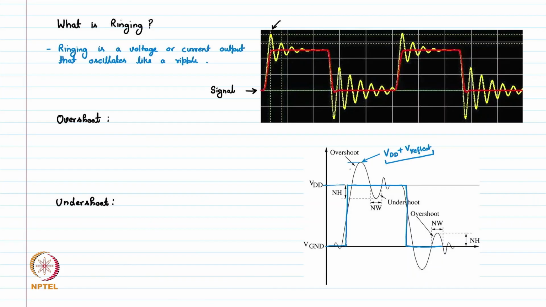This is called overshoot. And the same thing happens when this 0 volt or the ground level is mixed with V reflect, and V reflect is such that it is subtracted from 0 volt. In that case this signal goes below 0 level. This is called undershoot.